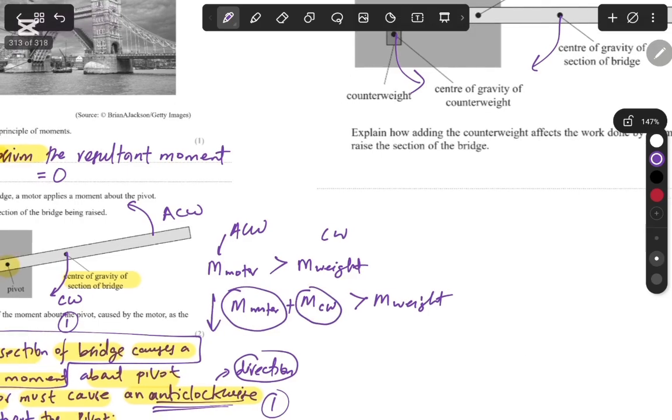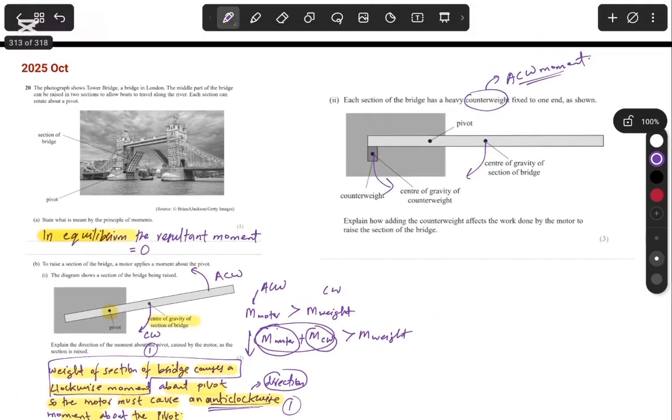Since the counterweight is coming in and we're adding that value, two things are being added over here, so it's going to help our motor. Maybe before our motor needed a lot more moment, but now it needs a little less moment because the counterweight is adding that extra moment that we need, since both of them are in the anti-clockwise direction. That's the major thing you have to understand.